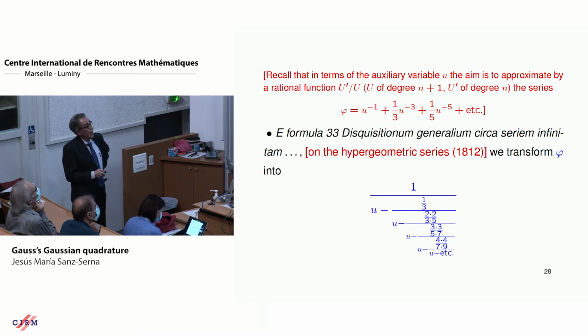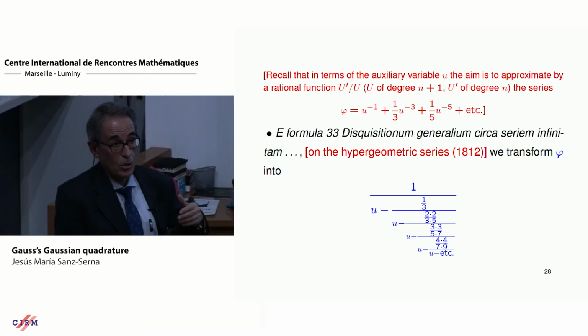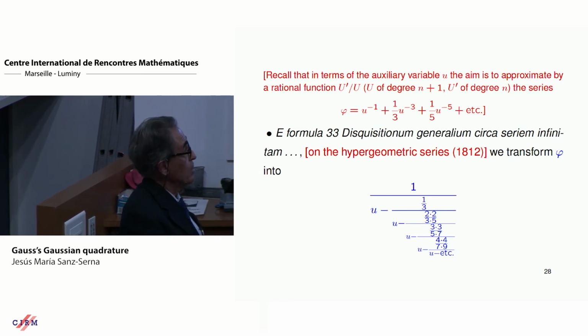So just to get a reminder, if you work with this variable u that goes symmetric from -1 to 1, the problem is that you've got this function. You look at the function when u approaches infinity, and then you have to approximate this function as good as possible by a quotient u prime divided by u. So it's a problem in Padé approximation.